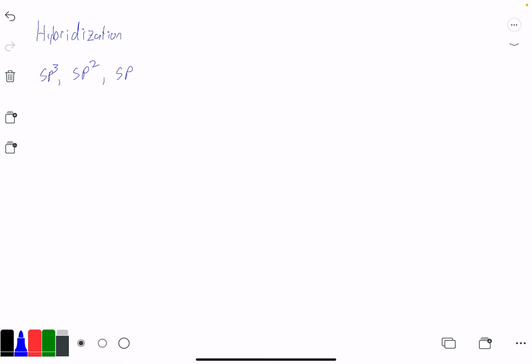So an example of sp3 would be something like methane. So it looks like this, right? An example of sp2 would be something like ethene. So here we have ethene.